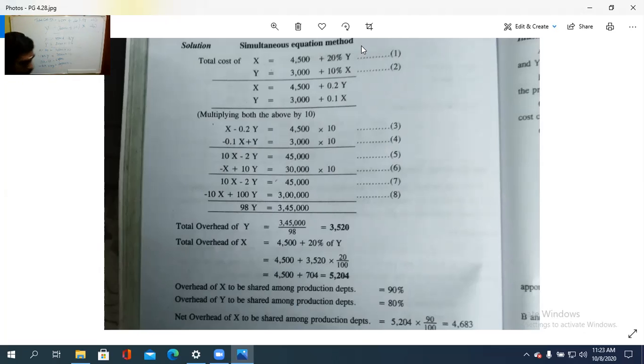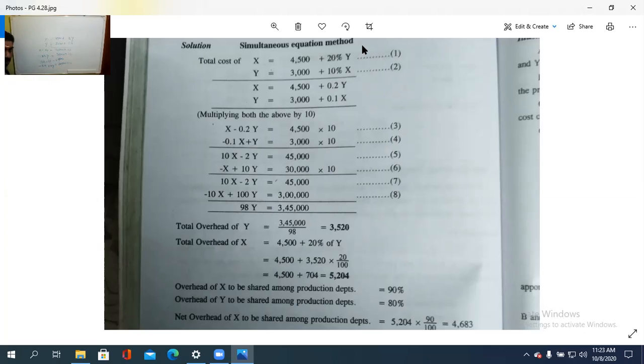Then the next procedure is what? Here 10x, I multiplied this equation with 10, and this also with 10. So 10x minus 2y is equal to 45,000. Then the same, it is also multiplied with 10. So minus 10x plus 10y is equal to 3,000 into 10, it is 30,000.